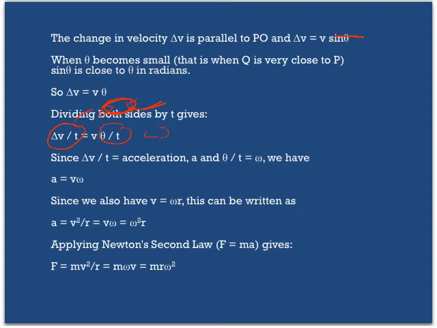Since we also have V equals omega r, we can also then have that. So if you put in omega r for that V, you can get V squared over r. If you put in V over r for omega, then you can get that one there. And applying Newton's second law, you get two more equations.